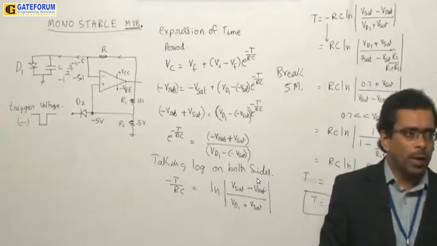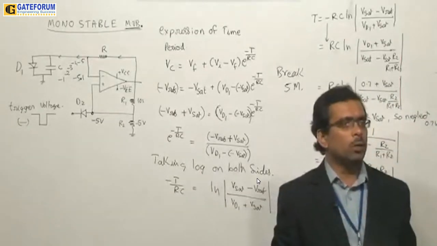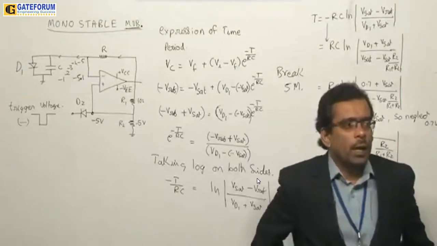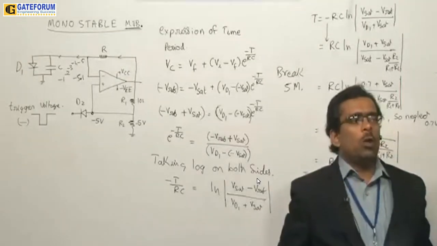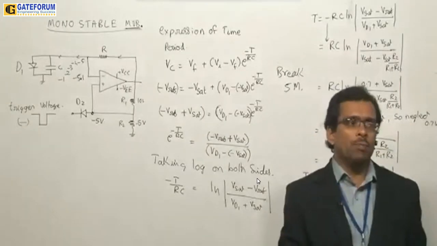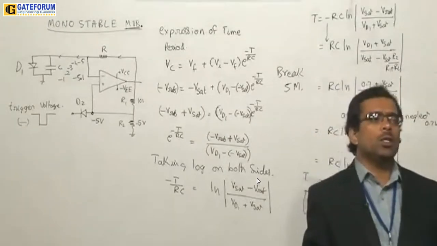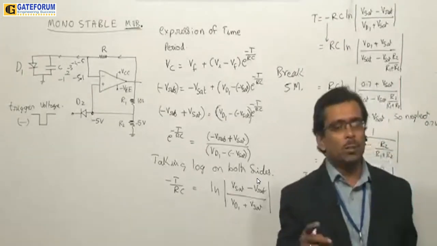Next, Abhishek: a 1 microsecond pulse can be converted into a 1 millisecond pulse by using a monostable multivibrator. What do you mean by that? The 1 microsecond pulse is for the trigger and the 1 millisecond pulse is for the output of the monostable multivibrator. That is the meaning.